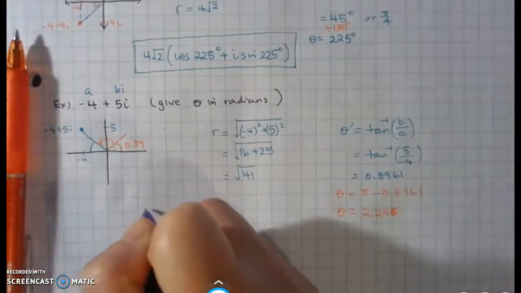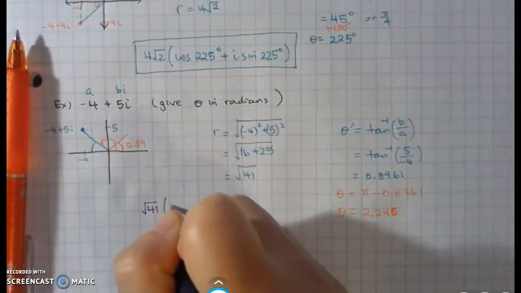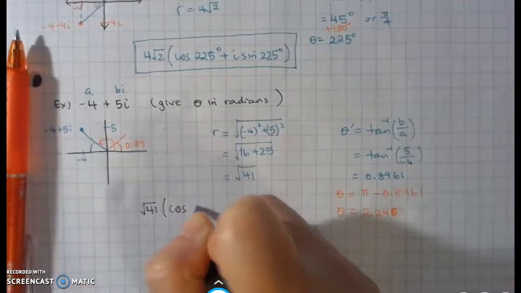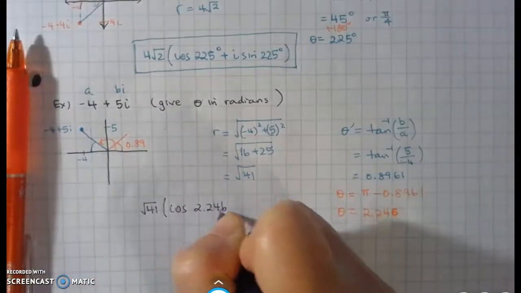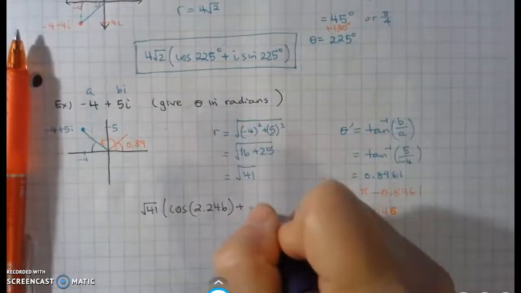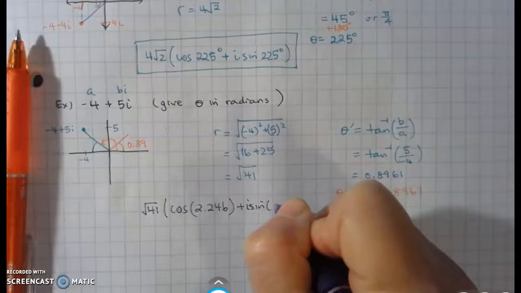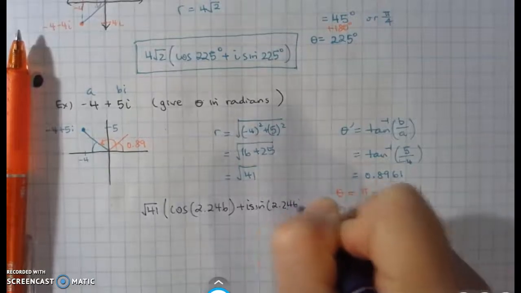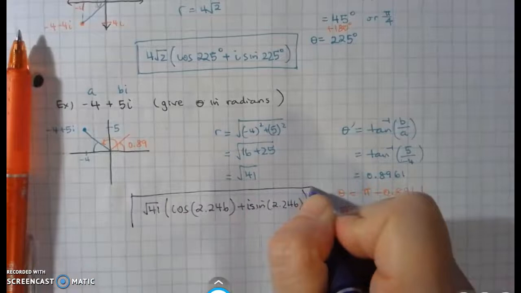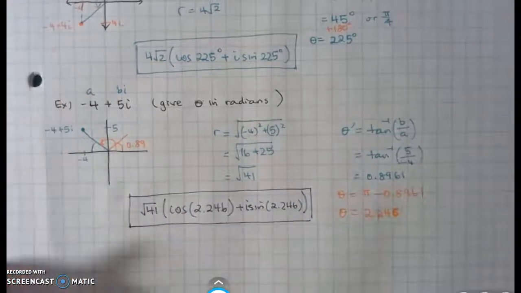That's going to be r, which is the square root of 41, multiplied by cosine of theta, which is 2.246, and notice I'm not putting the degree symbol because we are dealing with radians, plus i sine of 2.246. And that is going to be my polar conversion of the standard form of the complex number.